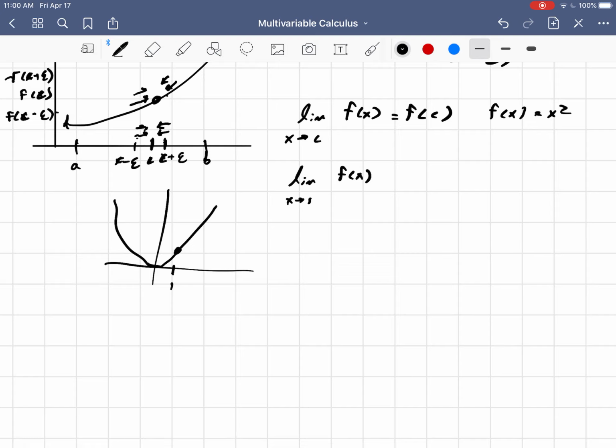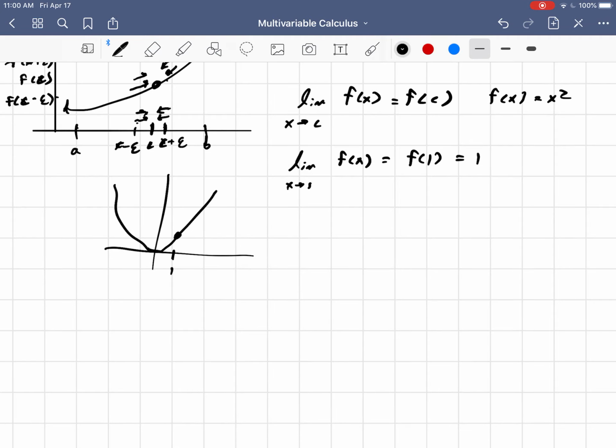That's a really bad parabola, actually. And so we look at this curve, and let's say this is 1, and we look at, well, what's f of 1? Because we can just plug that in since the function's continuous. We don't have to mess with it any because the limit exists. It's a nice curve. We would just say that this is just f of 1, which is 1 squared, or just 1. And so the limit as x approaches 1 of x squared would be 1 in this case.